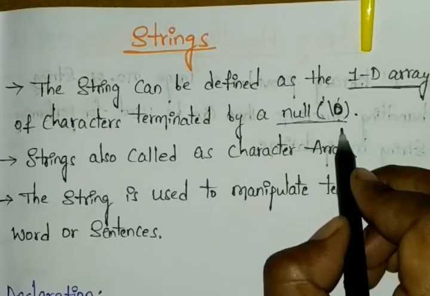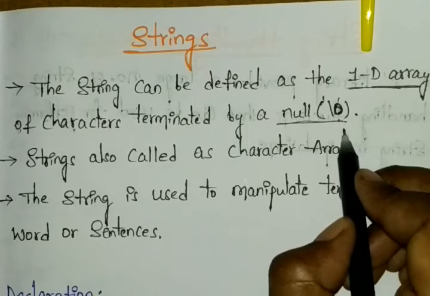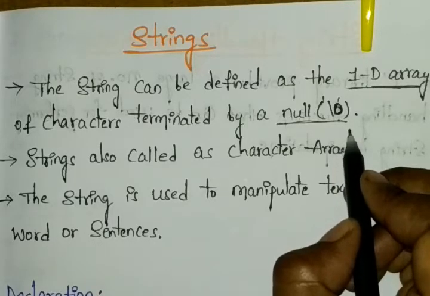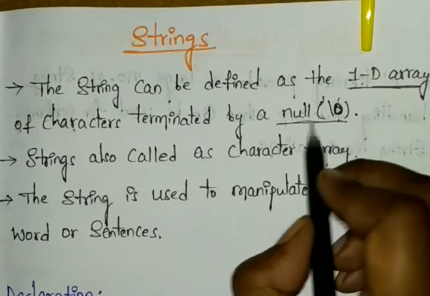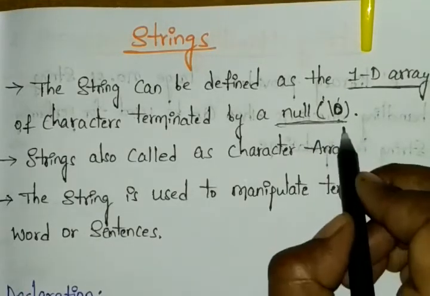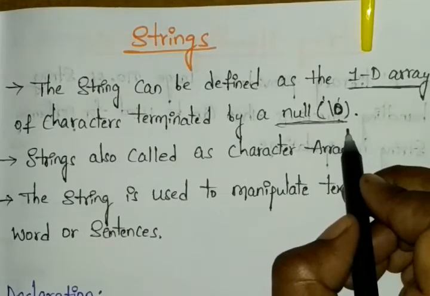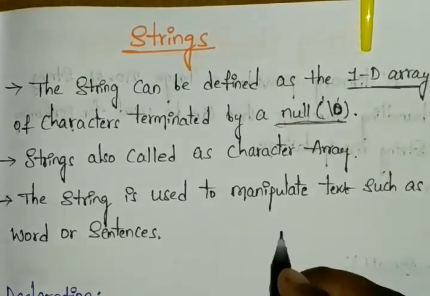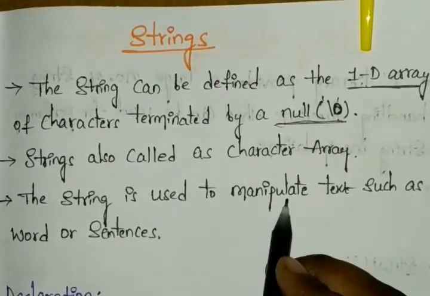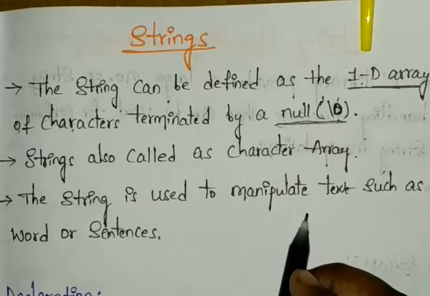If you have given the size as, say, 10 but the word has only 5 letters, then after that you give the \0. Why are we giving this \0?